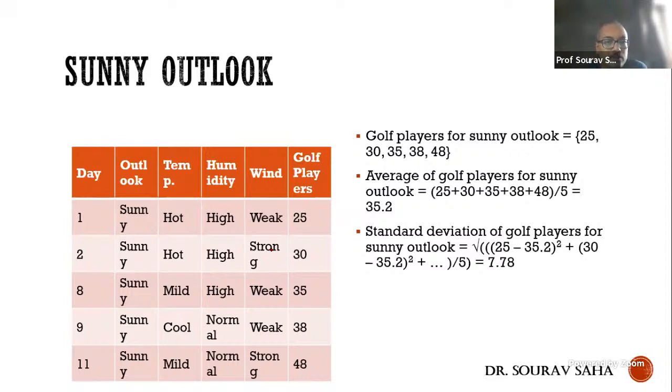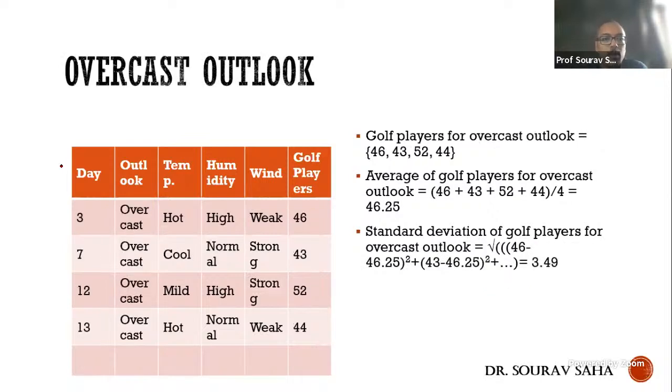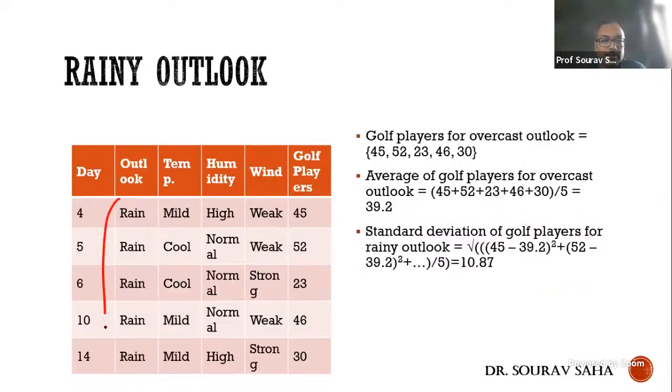Outlook sunny has a standard deviation of 7.78. Outlook overcast has a standard deviation of 0.49. And outlook rain has a standard deviation of 10.87.